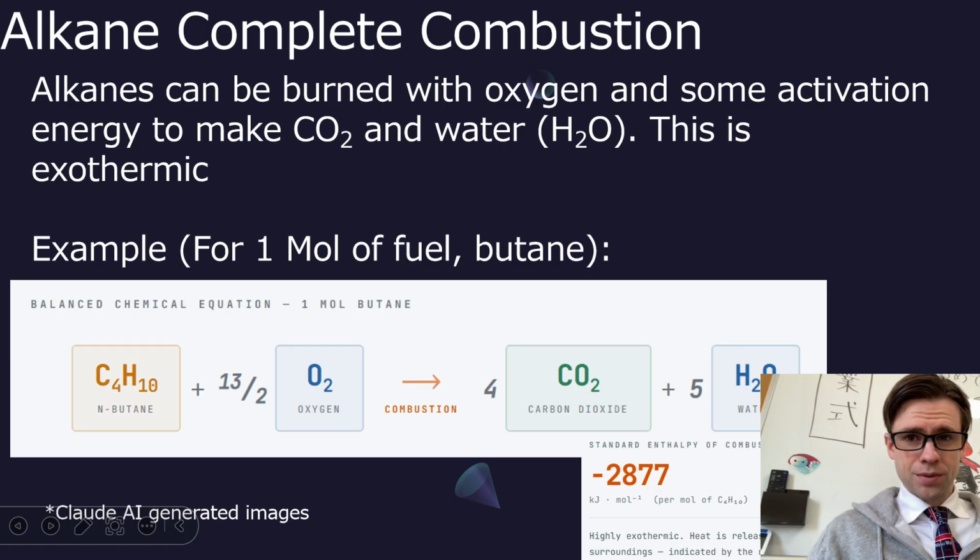That has an energy release of minus 2,877 kilojoules per mole. That's quite exothermic. Alkanes, especially the longer chain ones, are some of the best exothermic reactions that we know of to produce a lot of energy. So that's good.